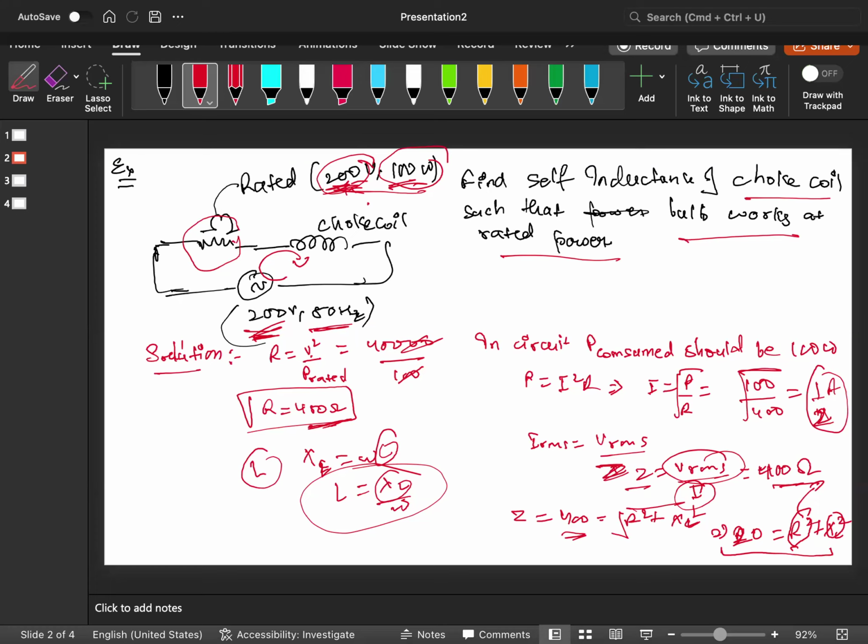Yeah, it's working now. Some mistake we have done somewhere. It is 400 divided by 400 resistance. Power is given as 100. I needed that. So yes, we have made a mistake somewhere.